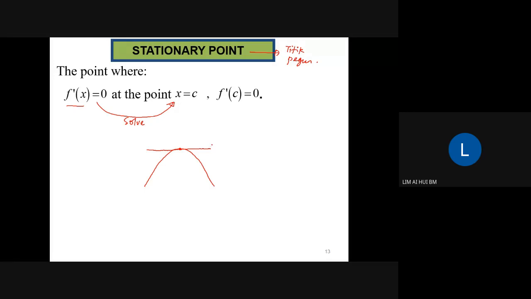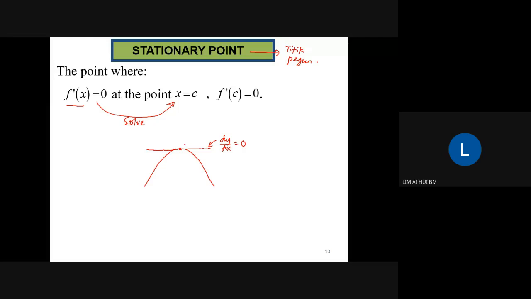Because it is a horizontal line, its gradient will be equal to 0. Because the dy dx shows the gradient. Okay, dy dx adalah menunjukkan gradient bagi tangent line. So dy dx equals to 0, dia berlaku pada garis ini sebab garis ini adalah satu garis horizontal.